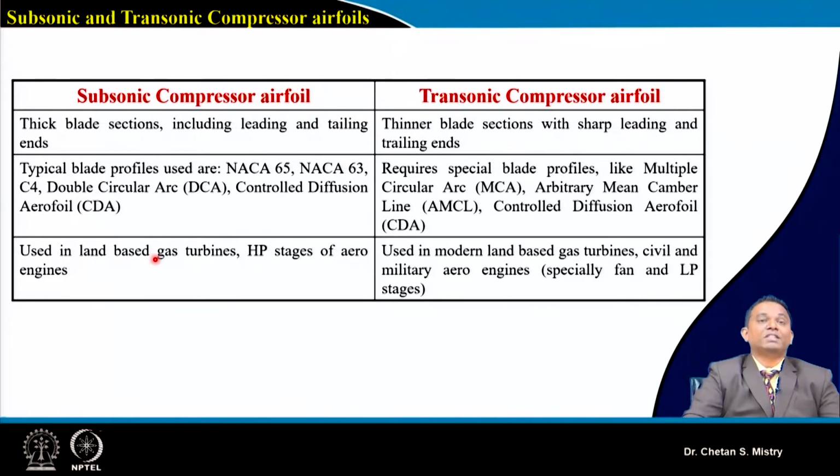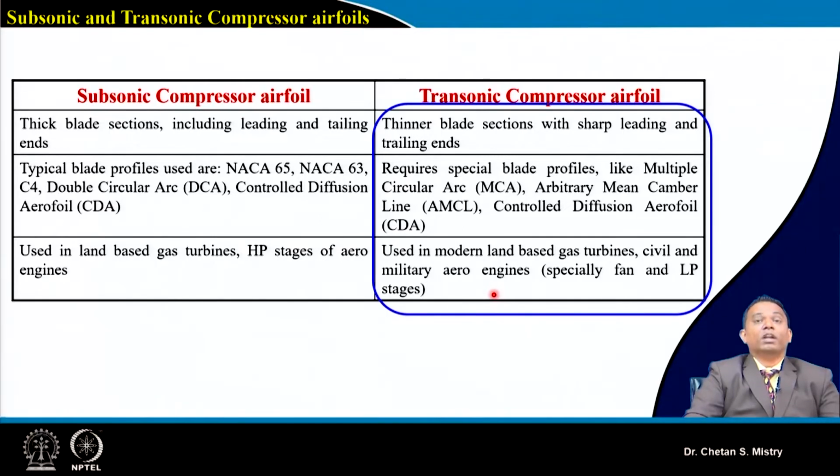The subsonic configuration is applied in land based power plants and in the HP compressor of aero engines. But the transonic compressor is used in most modern power plants for civil and military engines, especially for the fan and LP stage.